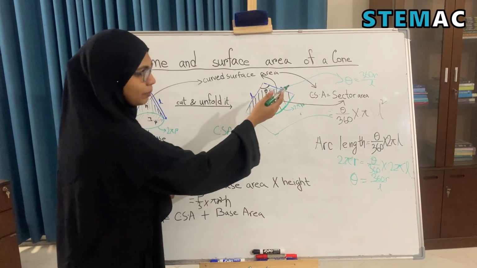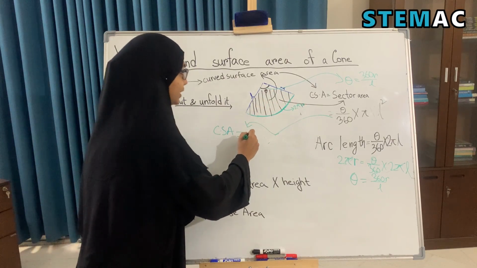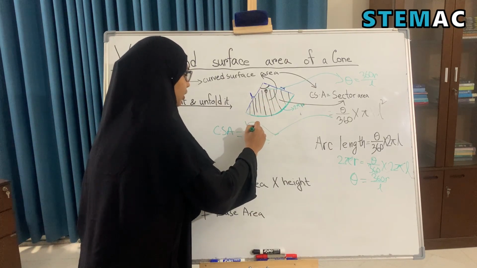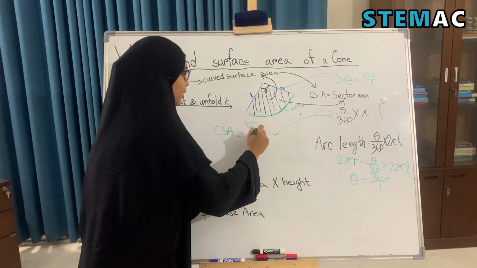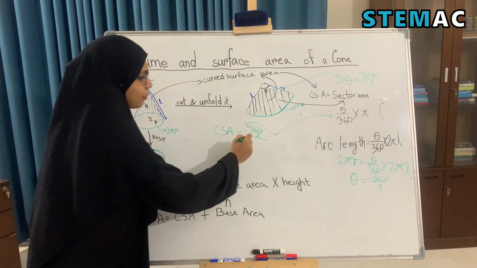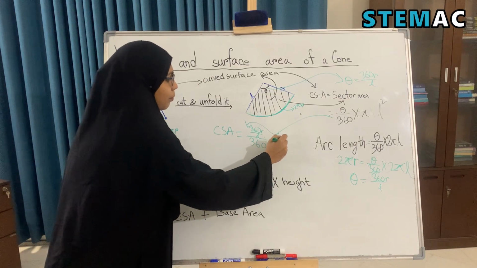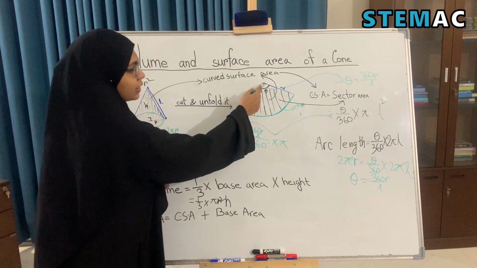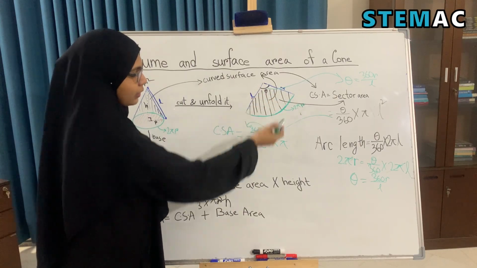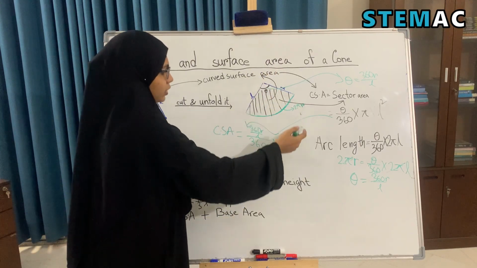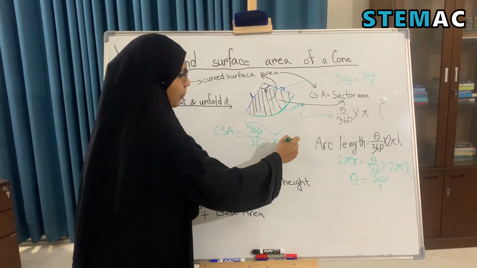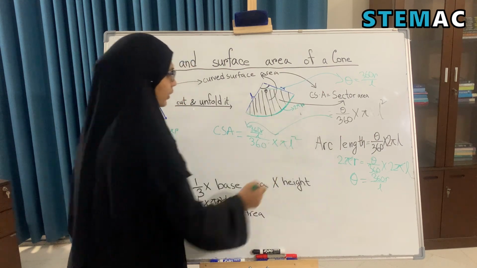So in place of theta we can write 360 r divided by L, divided by 360, into pi into the radius of this circle. The radius of this circle is L, pi into L square.